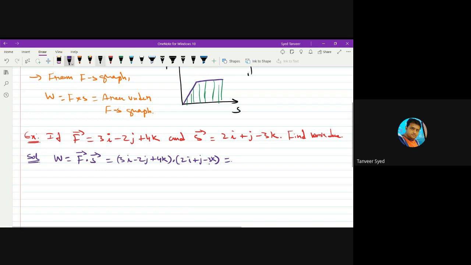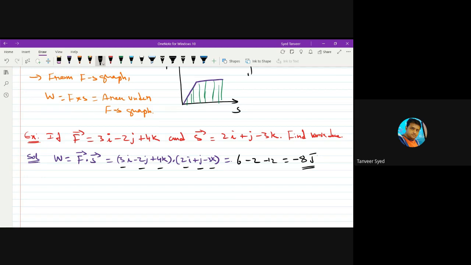I dot I: 3 into 2, 6. Then minus 2 plus 1, minus 2. Then plus 4 into minus 3, minus 12. So 6 minus 2 minus 12 gives minus 8 joule.